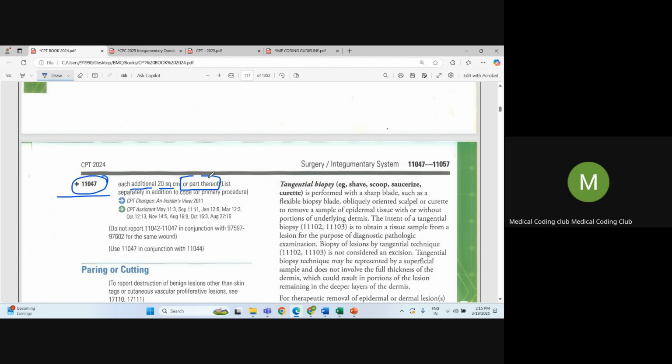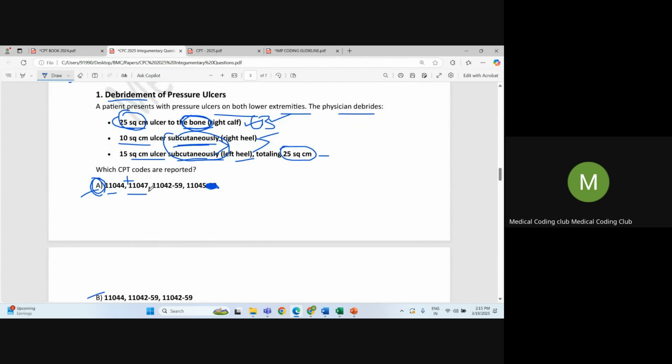Since we have part thereof, that additional 5 square centimeters also has to be coded using 11047. So now we have done the 25 square centimeters of ulcer to the bone level.